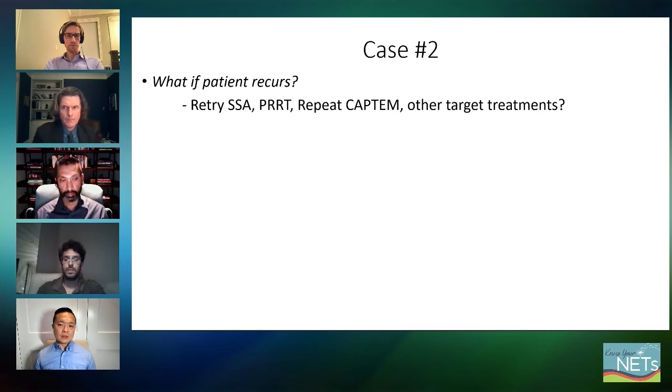I think it just depends on the pattern of recurrence, localized versus widespread systemic, but also the pace of the disease. If we see that the disease explodes, then you may want to consider rebiopsying and see what's different about it. What do you mean by that? Sometimes we have seen that tumors change in biology.